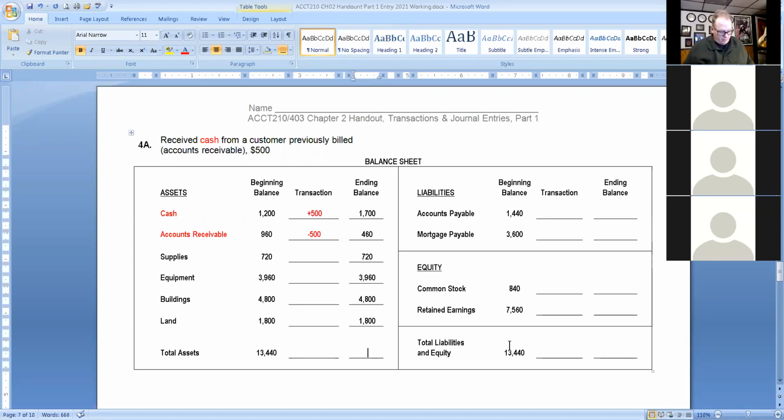It is 13,440. Okay, and these are all the same. You don't need to type all these in. Nothing's changed on this side. I'm not going to add those up yet because it's already been added up.